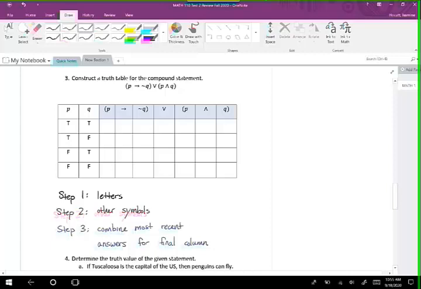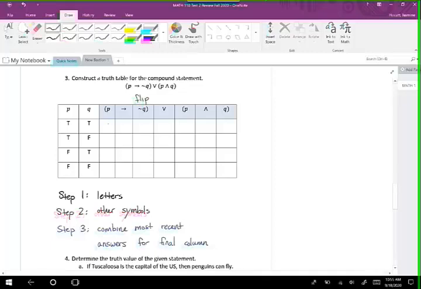Okay. So let's go ahead and go through that process for this table. It's always going to be formatted in this way, where they give you the statement and then they give you your template for your table. So let's do step one, which is to fill in all of the letters. And remember, the not symbol means we're going to flip the truth values.